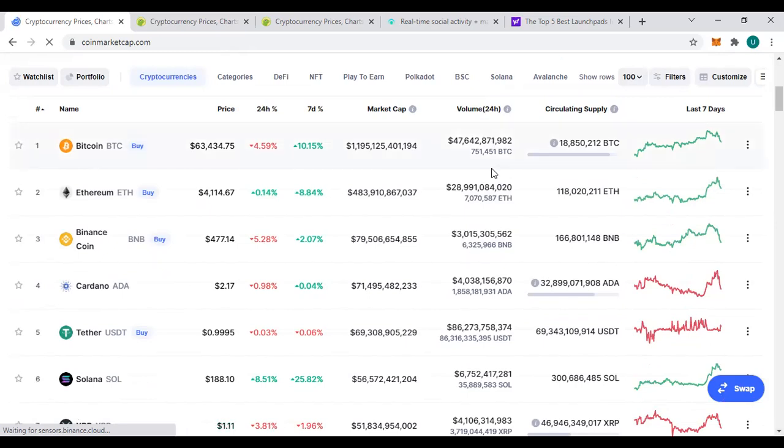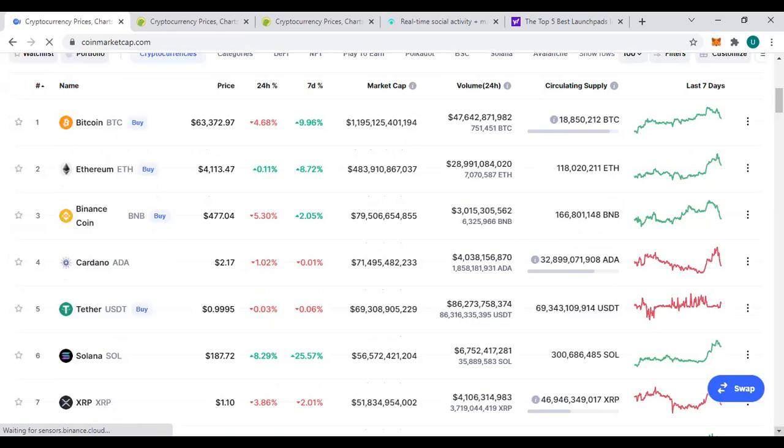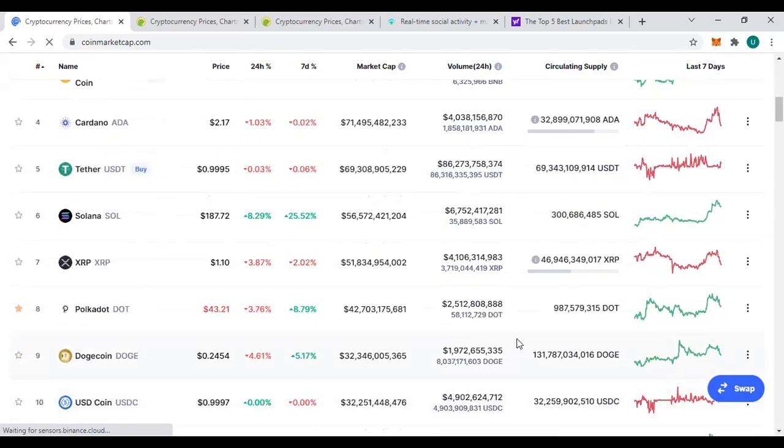Here you see the daily volume of the coin. And here you see the circulating supply of BTC. We saw it yesterday. That of ETH, that of BNB, that of ADA, and so on. USDT is also one of the top altcoins. Solana is also one of the top coins.